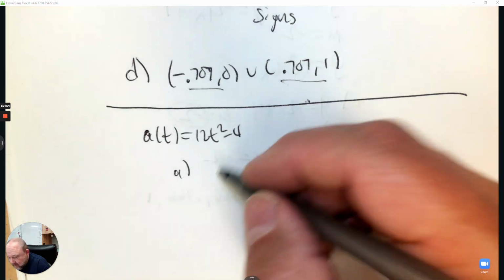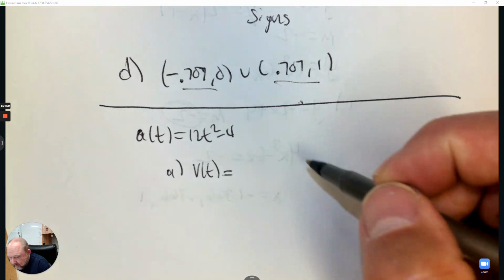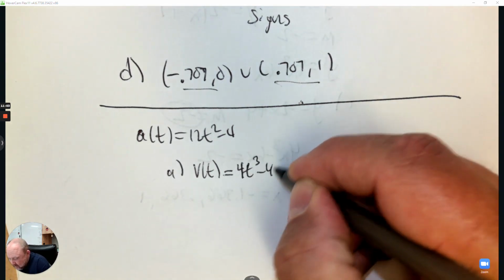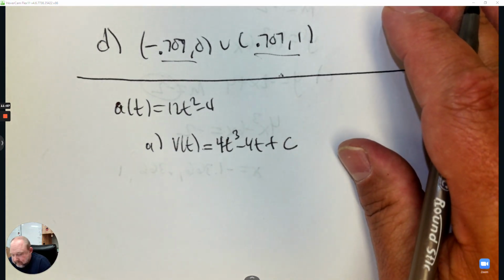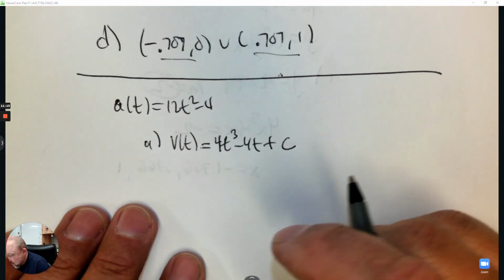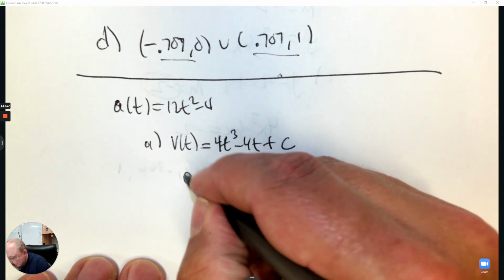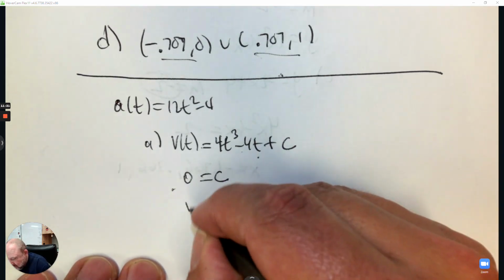So if we find the velocity, we're going to integrate this. We add 1 to the exponent, divide, and then plus c. When it says initially it's at rest, that means that when you plug in 0 for t, the answer is 0. So c equals 0.